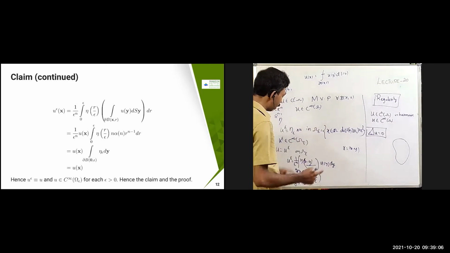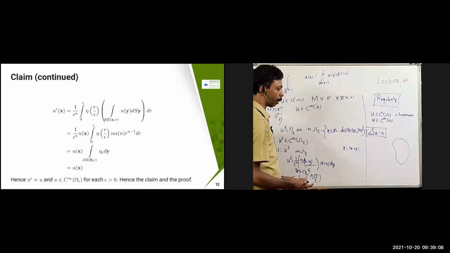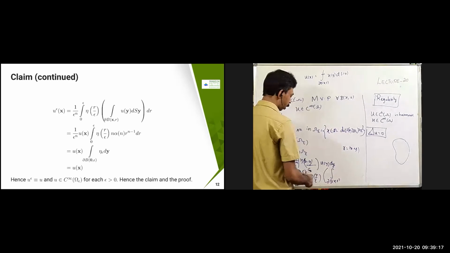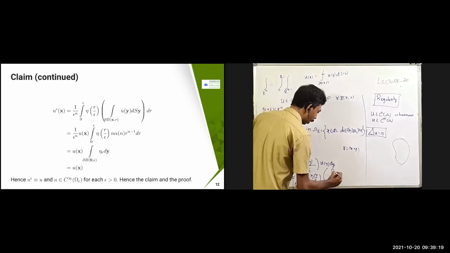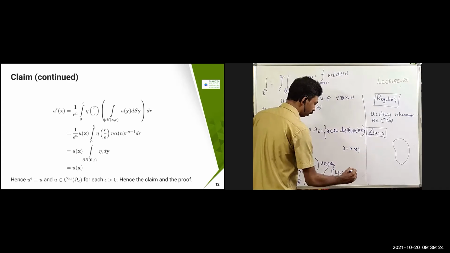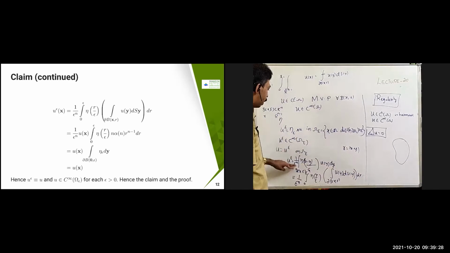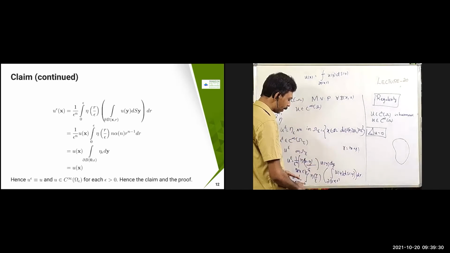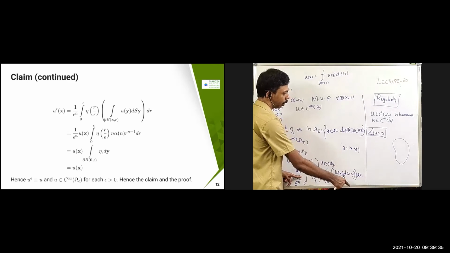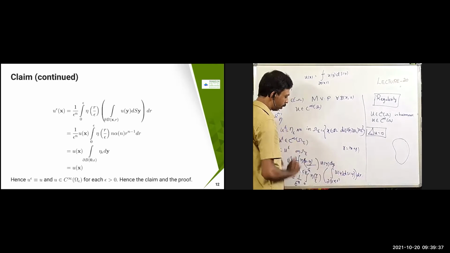That means it is going to be the surface integral over dou b of x comma r of u of y into dsy, with respect to r, into dr. So this is the complete volume integral. But the complete volume integral I can write with one variable from 0 to epsilon, and the remaining thing I can write as a surface integral. That's the same thing I'm writing here.